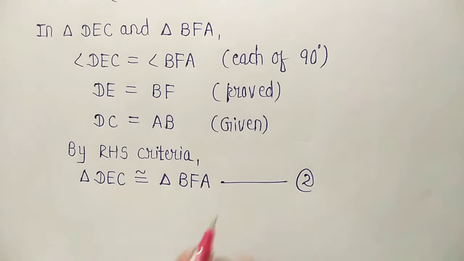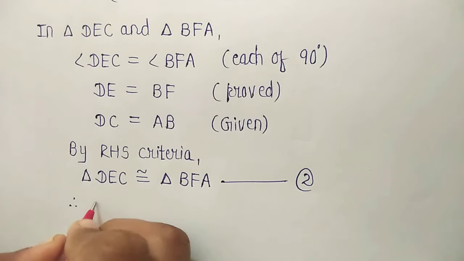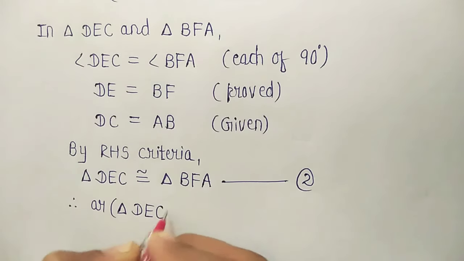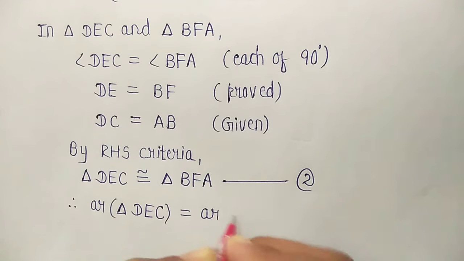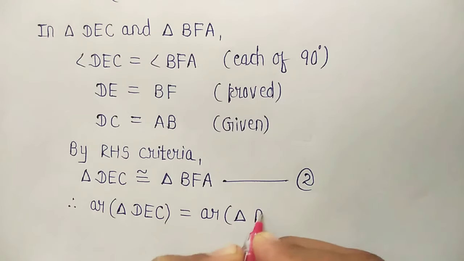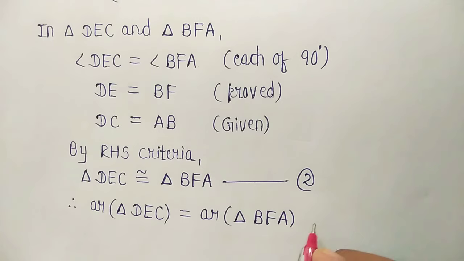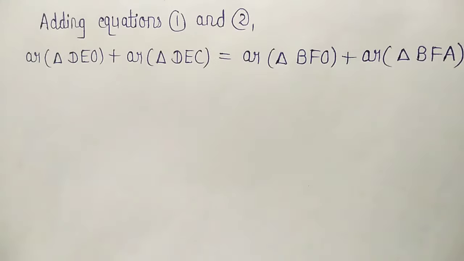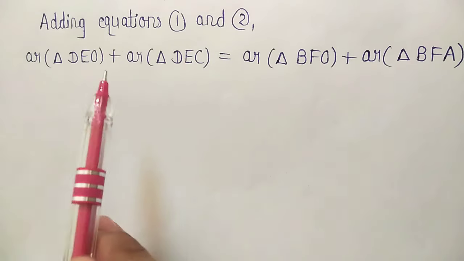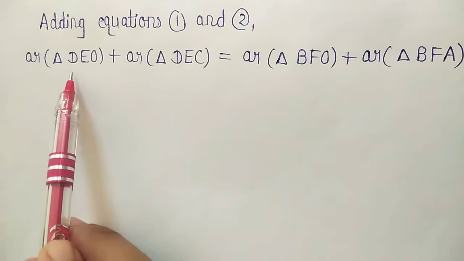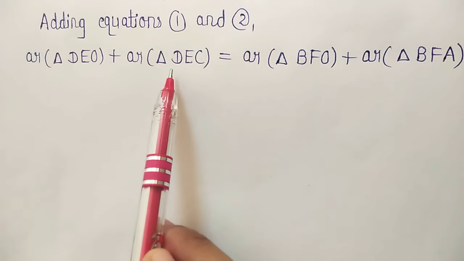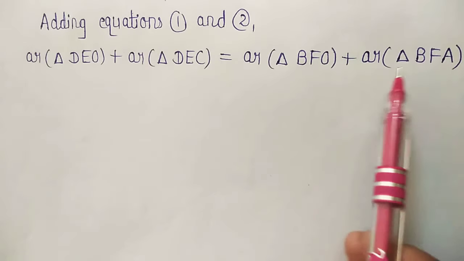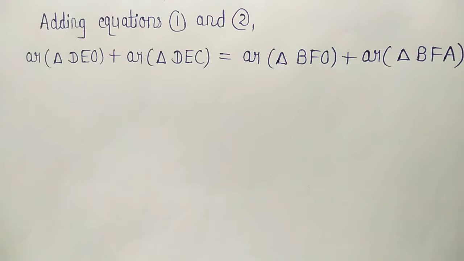These are congruent triangles, so their areas will be equal. So area of triangle DEC will be equal to area of triangle BFA. Now we'll add equations 1 and 2. Adding equations 1 and 2, we get area of triangle DEO plus area of triangle DEC is equal to area of triangle BFO plus area of triangle BFA.